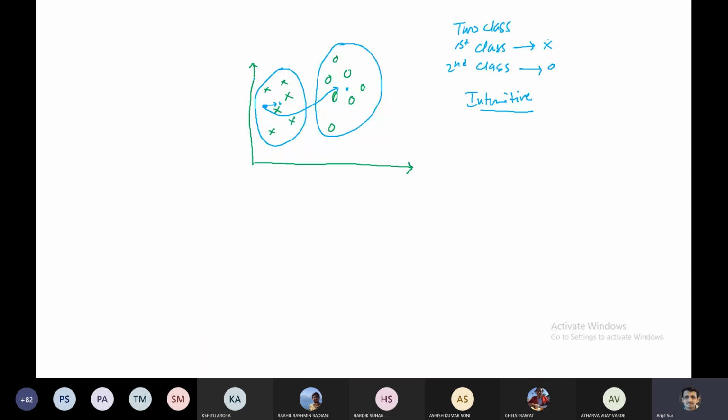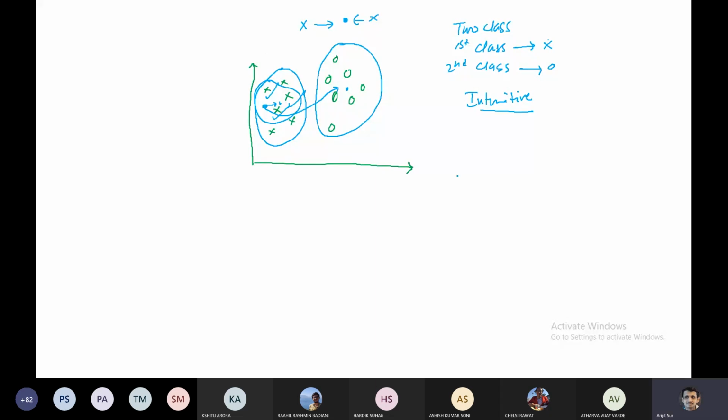In this particular example, if you take the three nearest neighbors, let's say this is 1, this is 2, and this is 3, then for this particular point the nearest members are these, and since all are crosses, we can say this belongs to crosses, because the nearest neighbors belong to crosses.